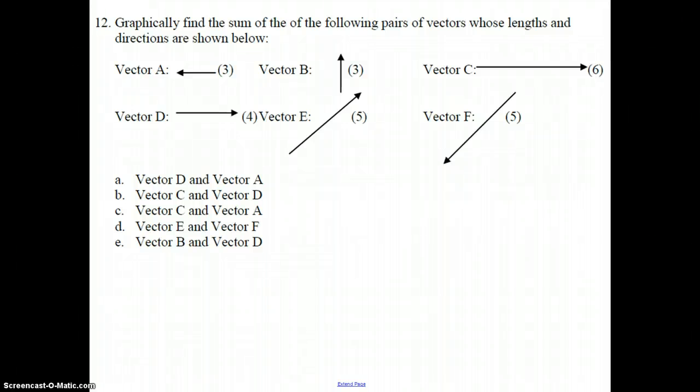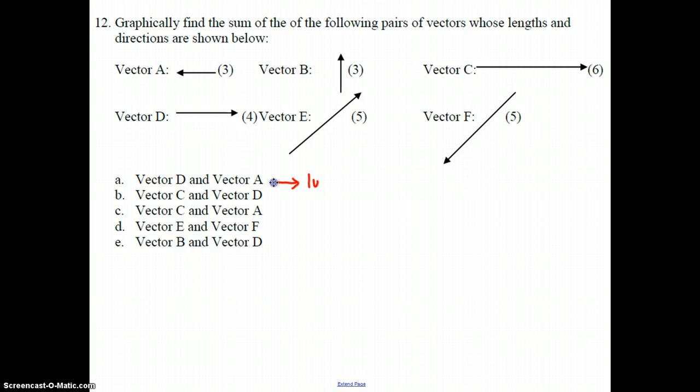All right, we need the sum for A of vector D and vector A. Vector D and vector A are at 180 degrees to each other, which would produce a minimum resultant. It should be obvious to us that the minimum resultant would be 1 unit.